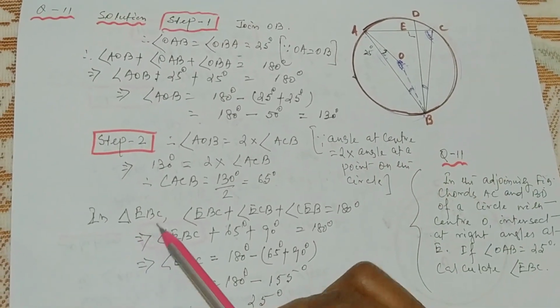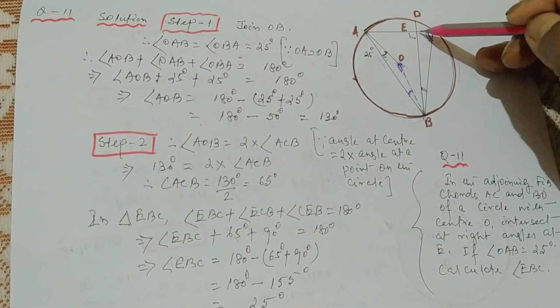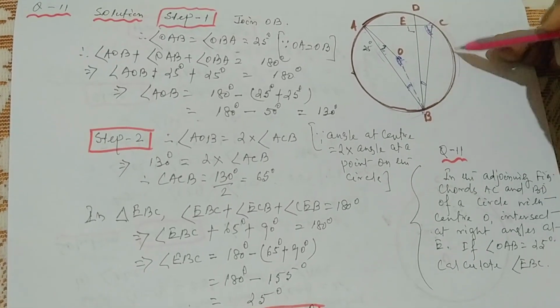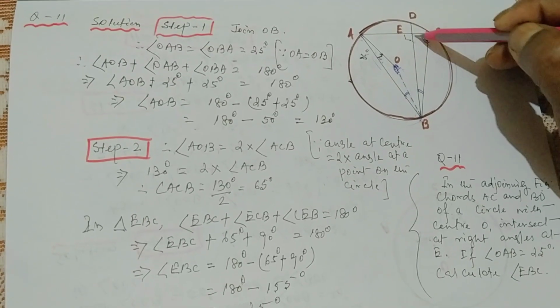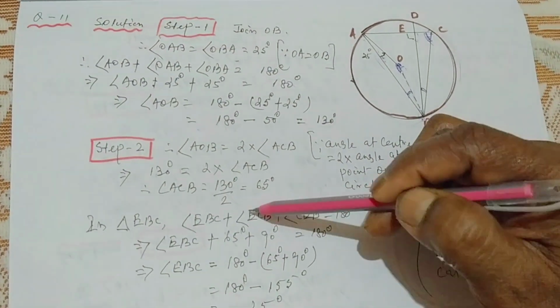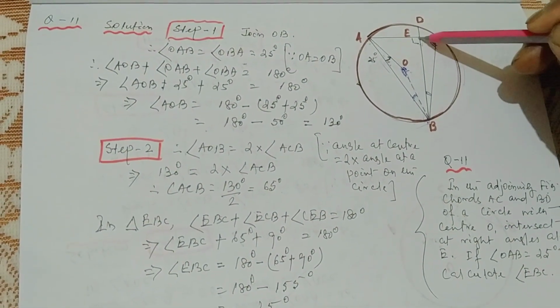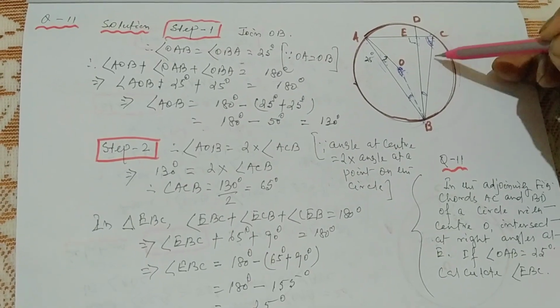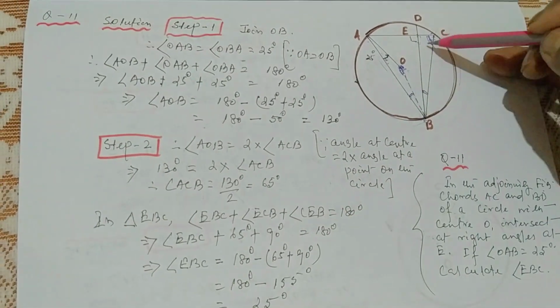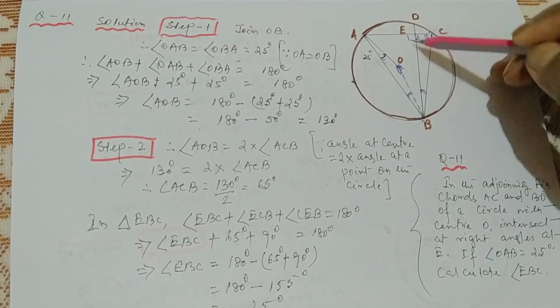In triangle EBC, this is a right angle triangle. The value of this angle CEB is equal to 90 degree, and angle EBC plus angle ECB plus angle CEB equal to 180 degrees.